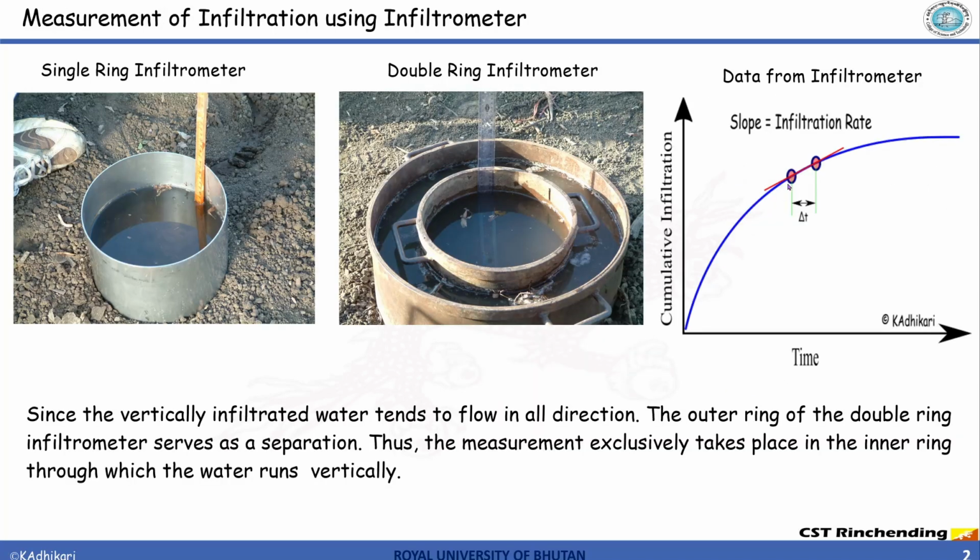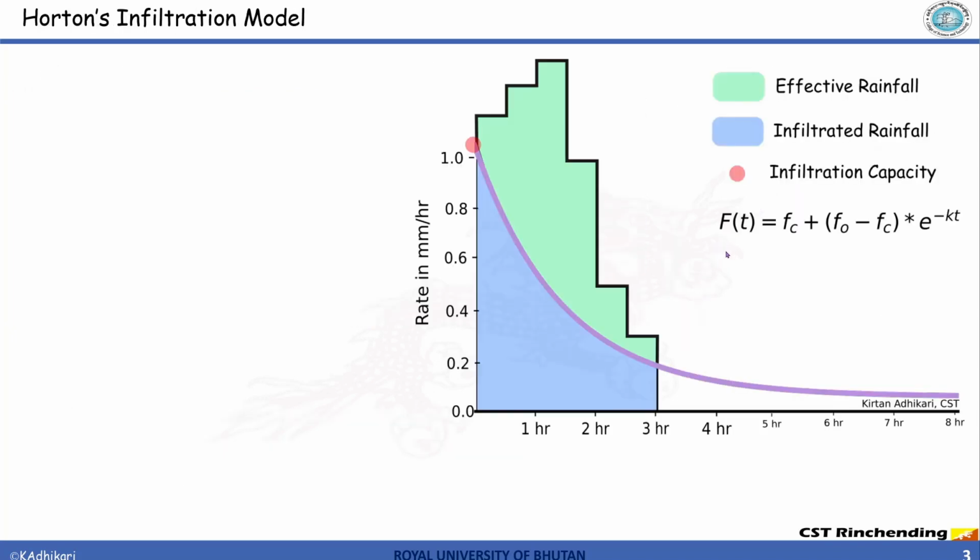From the earlier diagram, if you find the slope at different points and plot that with respect to time, you are going to get this curve. Horton has given the equation to model this curve. According to Horton, f of t here represents the infiltration rate or infiltration capacity.